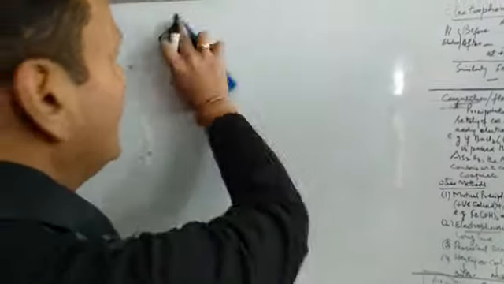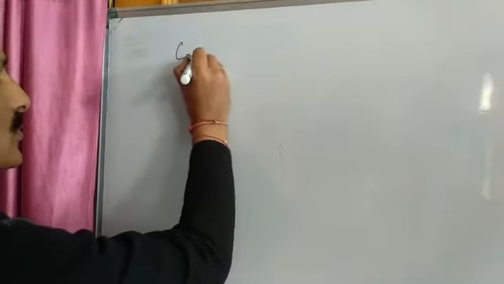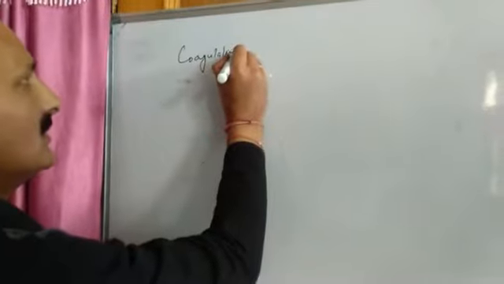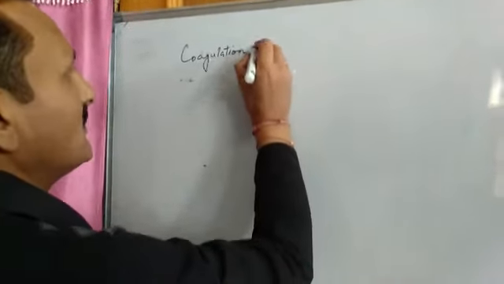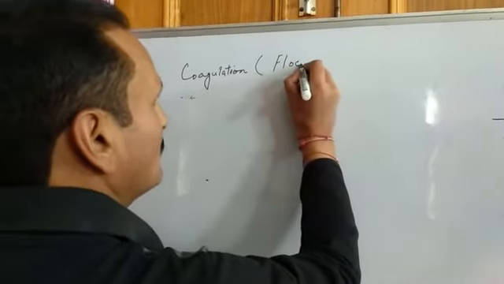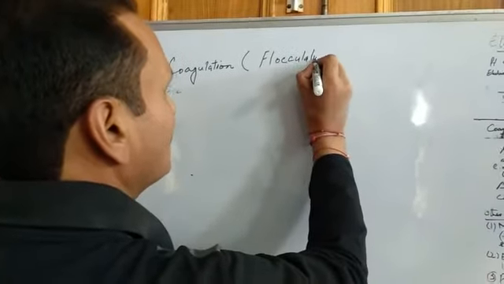Then I have another property that is known as coagulation. This property is also known as flocculation. Flocculation or coagulation.